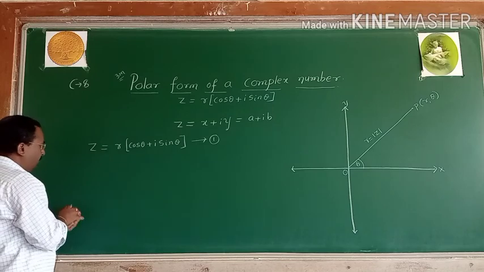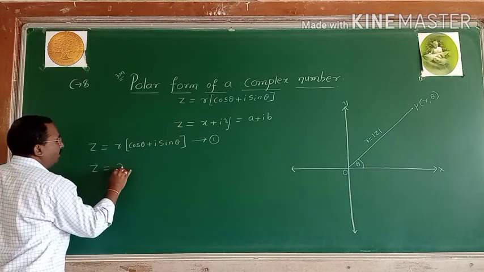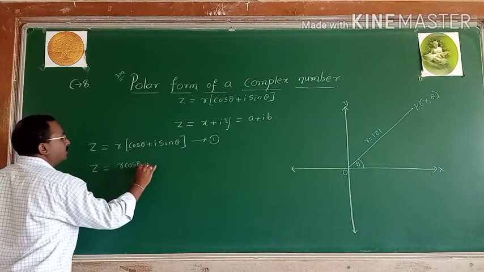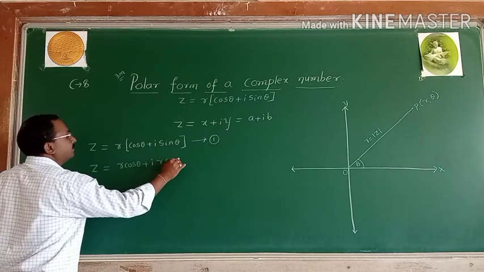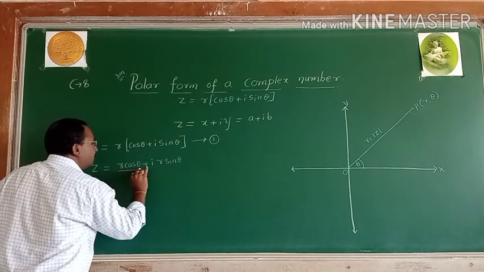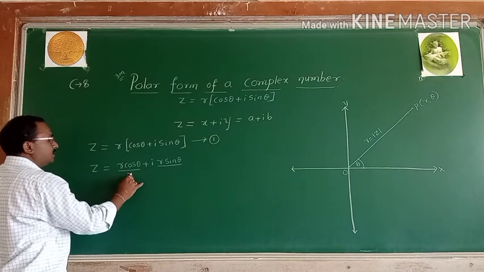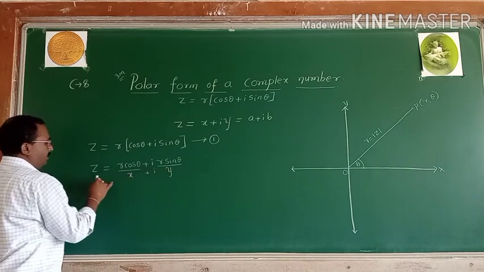Here z is equal to r cos theta plus i times r sin theta. This represents x, this represents y. This is x plus i times y.